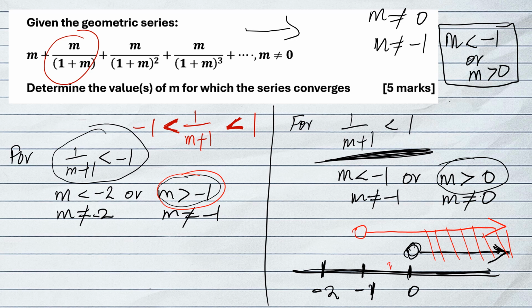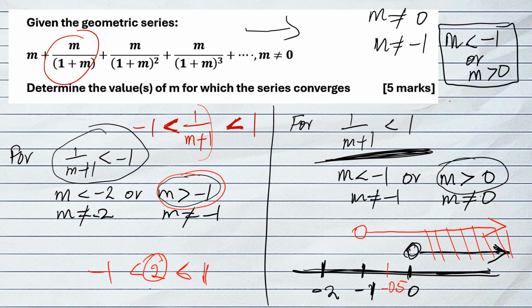Maybe we can prove it with negative 0.5. We can just go to this equation and substitute negative 0.5 where there is m. So it's 1 over negative 0.5 plus 1. It's giving me 2, right? And you realize that this is not correct. 2 is not less than 1.